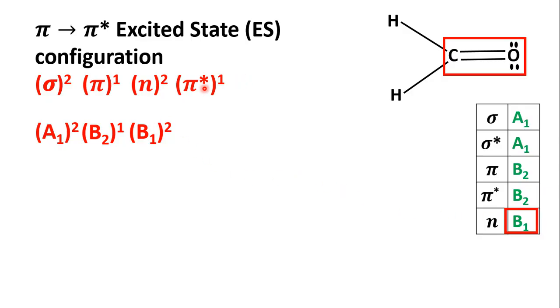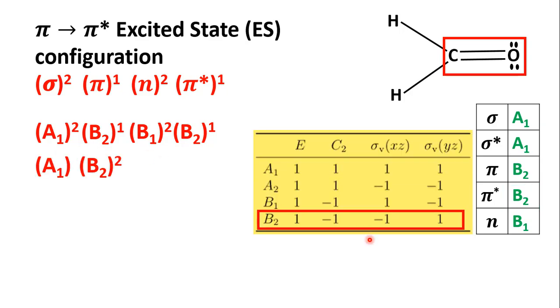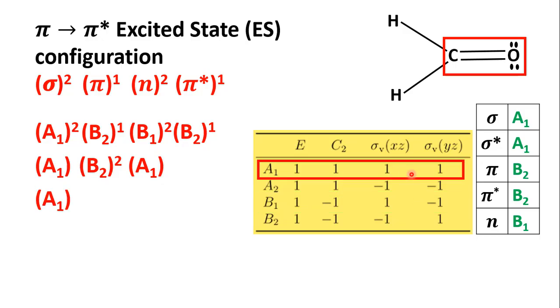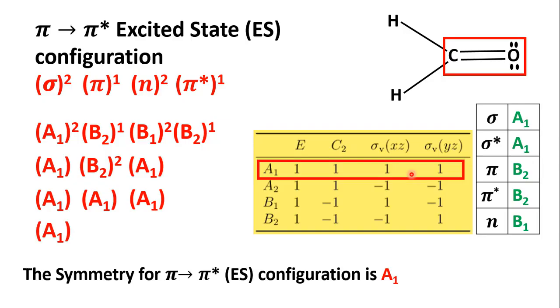The symmetry corresponding to pi star is B2, and A1 square is A1. B2 square is A1 because the square of the negatives becomes positive, all positives, A1. B1 square is A1, all positive. And the net result, the product is A1. The symmetry of the pi to pi star excited state configuration is A1.